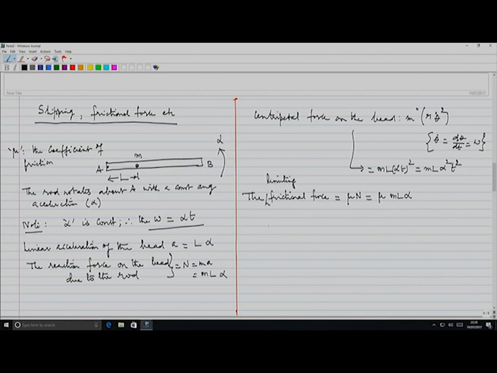So the condition for slipping is that this frictional force must be equal to the centripetal force.